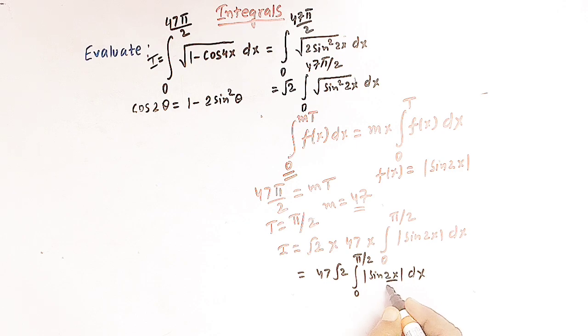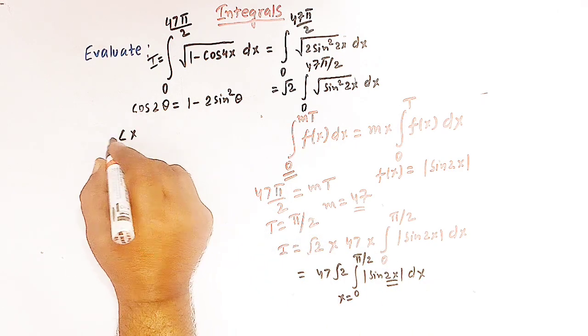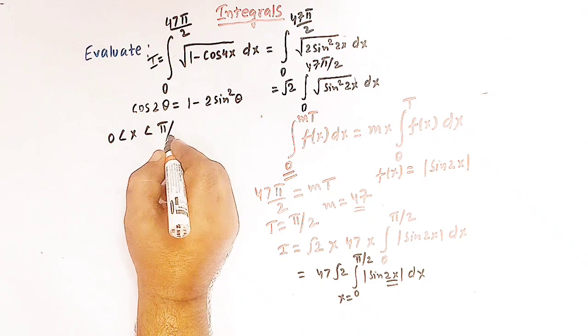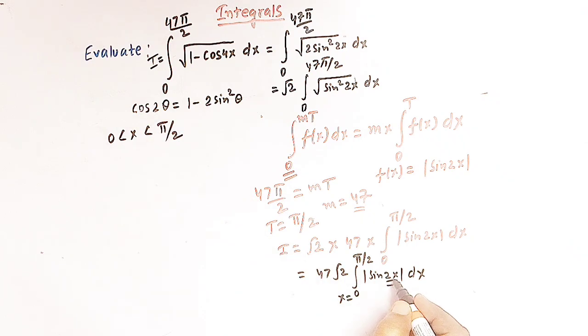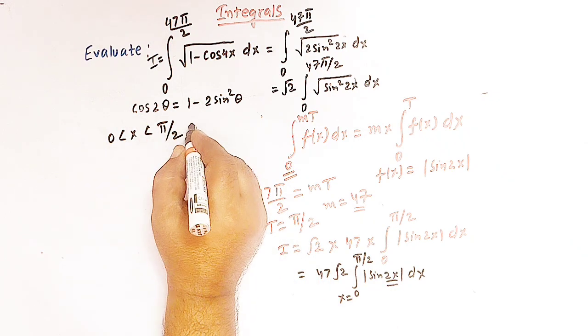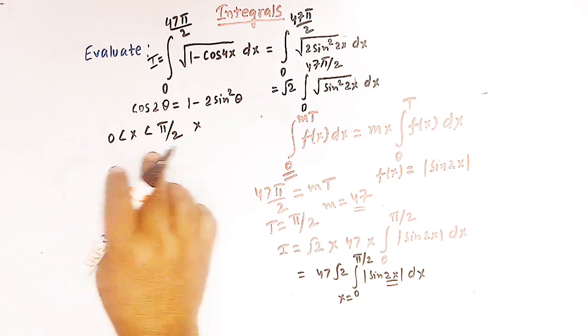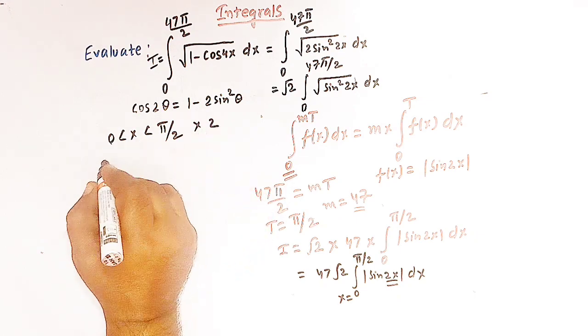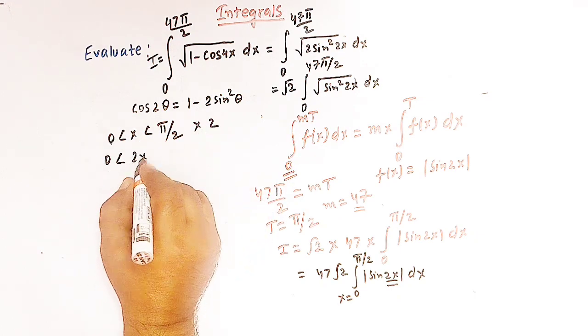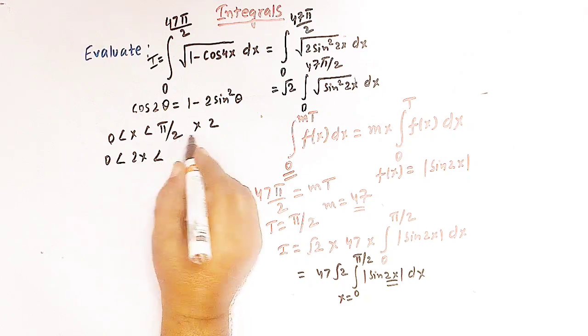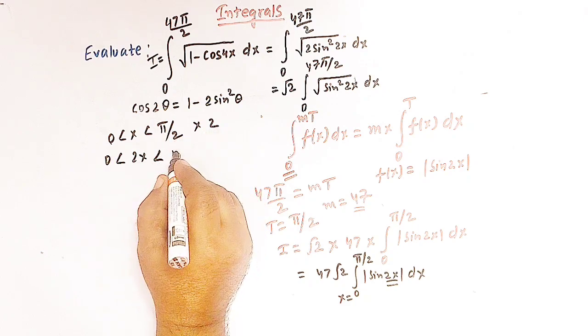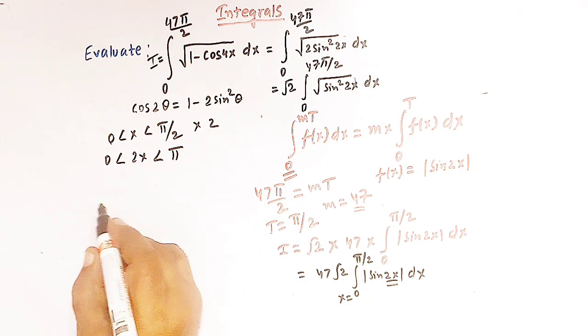Now see here, the value of x varies from 0 to pi by 2, and here we have sine of 2x. If we multiply this inequality throughout by 2, here we get 0, and here we have 2x, and here this 2 and this 2 get cancelled, so we are left with only pi, right?